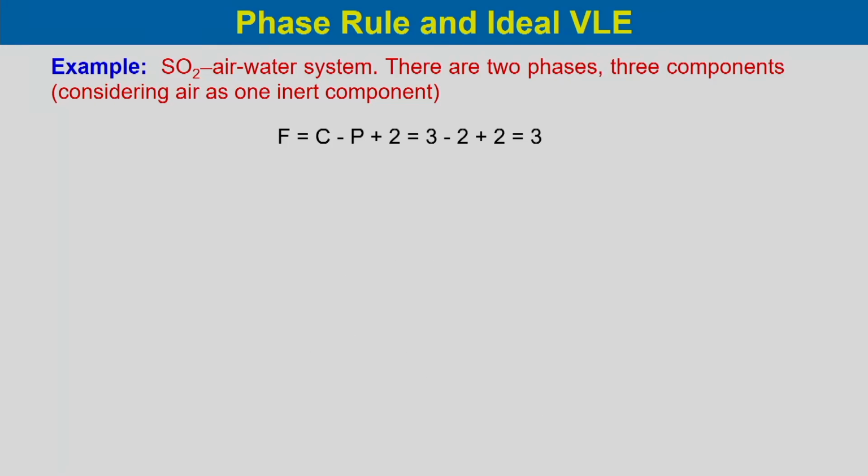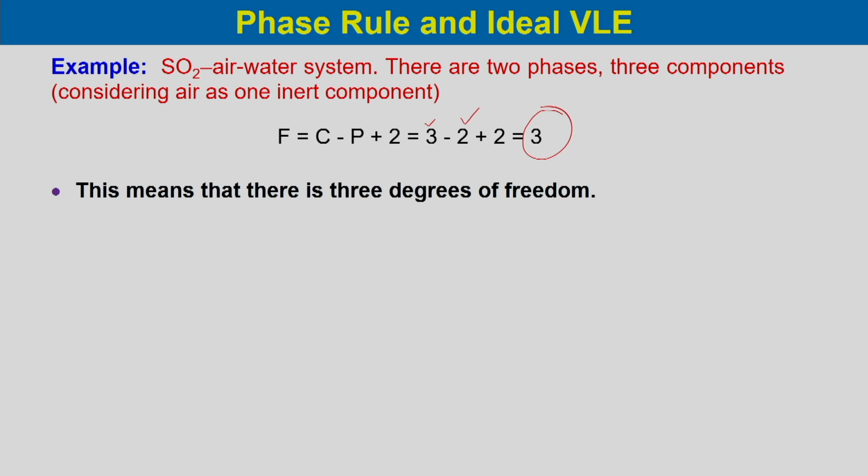If we apply the phase rule in this case, F would be equal to C minus P plus 2. Here components are 3, phases 2, plus 2, so the degrees of freedom is 3.